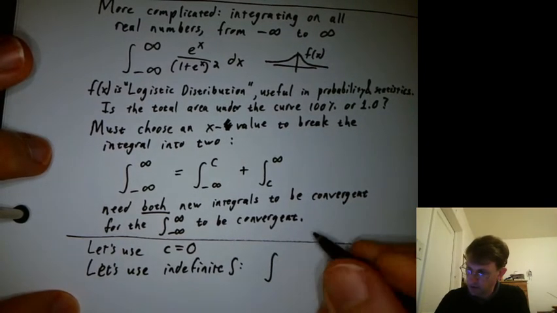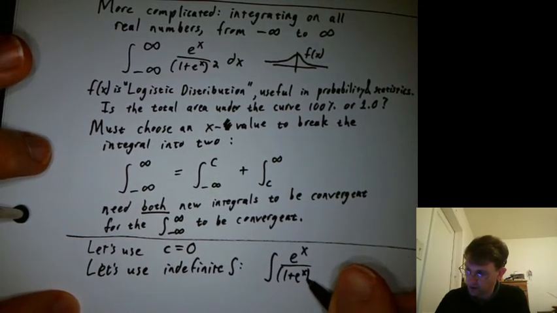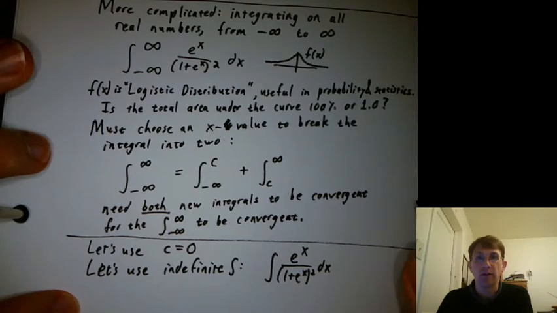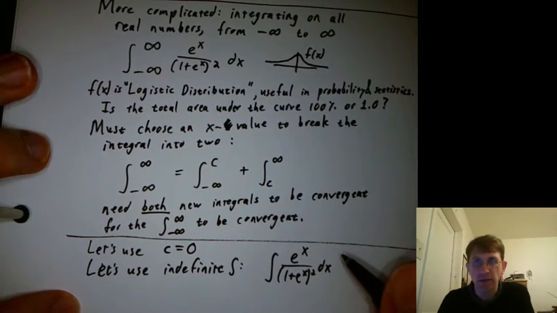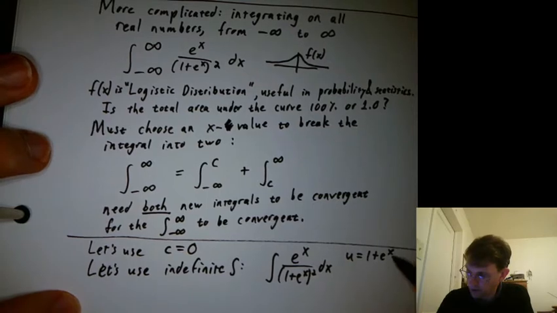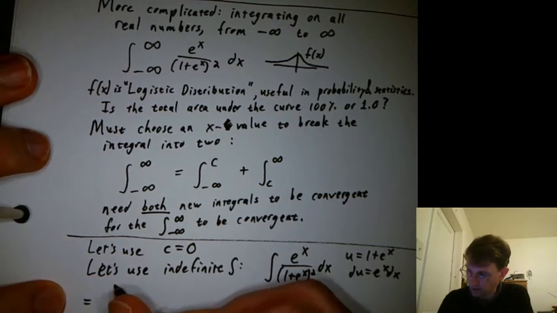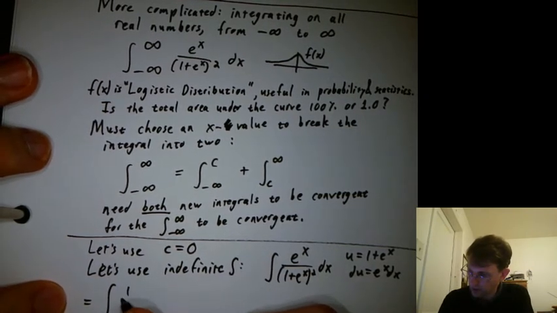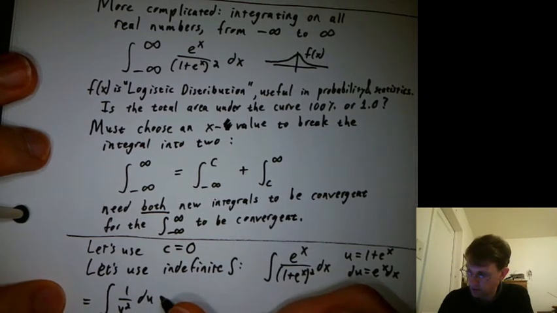So what's the indefinite integral of e to the x over (1 plus e to the x) squared dx? How would you do that problem? Trig substitution, trig identities, u substitution, integration by parts. I think u substitution, just u equals 1 plus e to the x, du equals e to the x dx. And then we'd get 1 over u squared, and then e to the x dx is du.